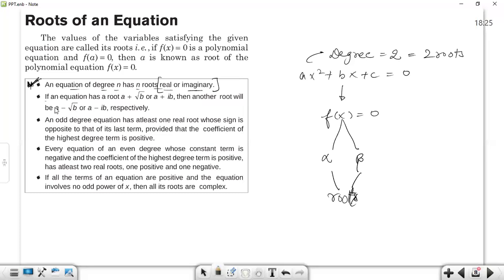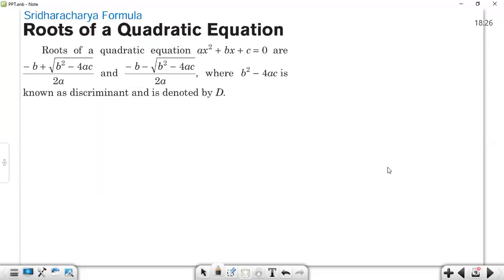Now let's discuss the next point. If an equation has a root a plus root b, then another root will be a minus root b. Or if an equation has a plus iota b as a root, then the other root will be a minus iota b. You will come to know after we discuss the next concept.